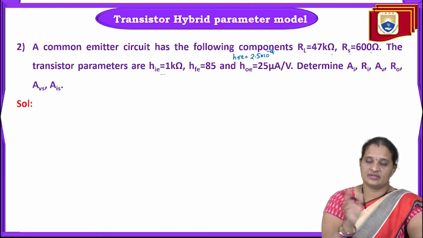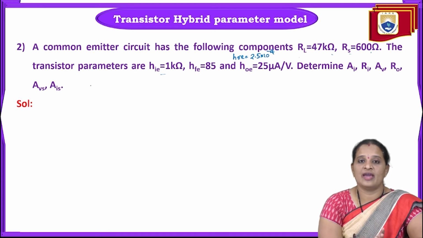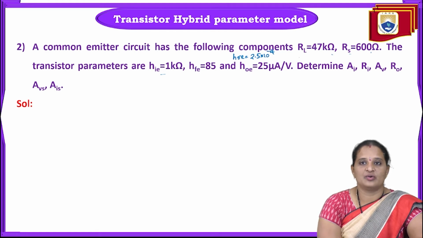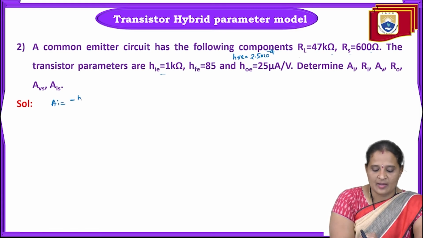So here, what is the difference between the previous problem and this one? In that problem, we have R1 and R2 also. But here we don't have R1 and R2. So directly using the formulas, we can calculate Ai. First of all, what is Ai? Minus hfe divided by 1 plus hoe into RL.